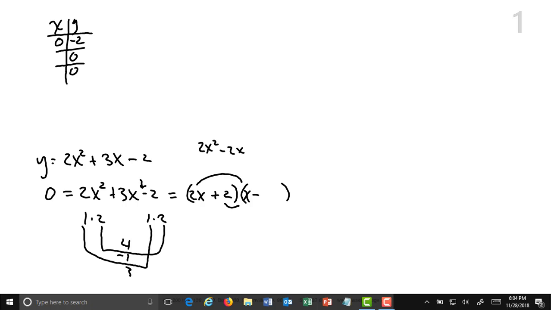So let me put this here. And let me put the 2 and a 1. 2x squared. Okay, now we're talking. That's all right. Let me change my signs.